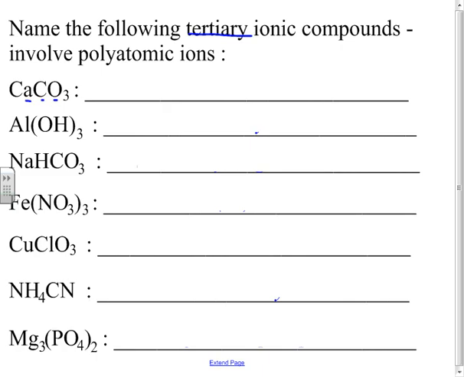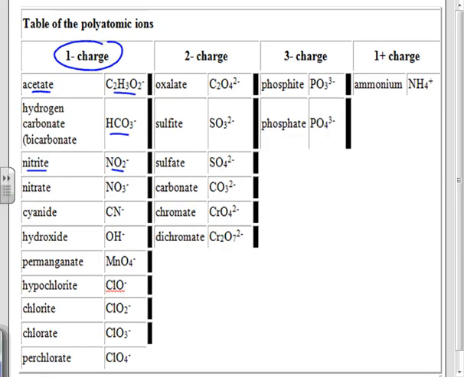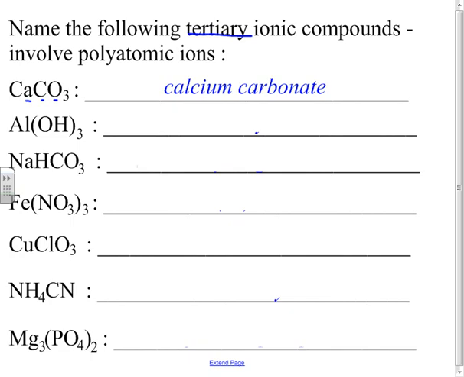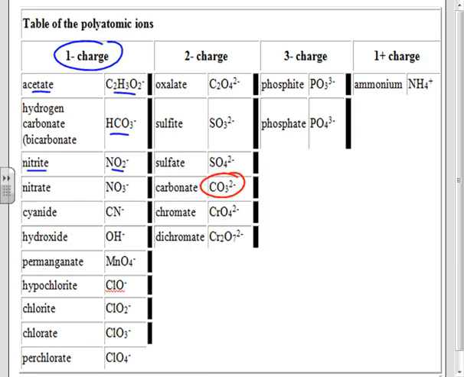And so calcium carbonate is CaCO3. We know the calcium from the periodic table, and the carbonate polyatomic ion is the CO3 2- ion. So that gives me the compound calcium carbonate. Okay, next one we have aluminum and the hydroxide ions. Again, on the polyatomic ion table, find the OH- ion. That is the hydroxide ion.